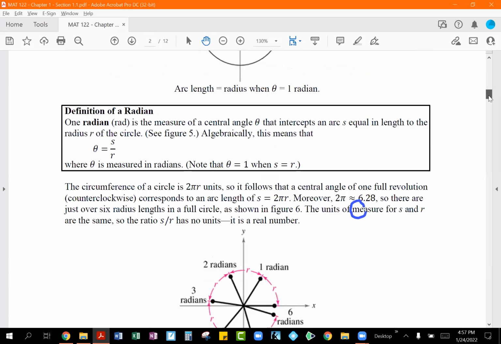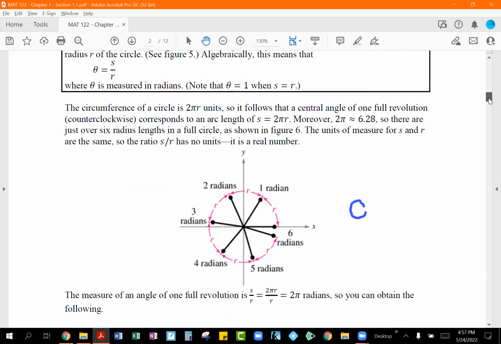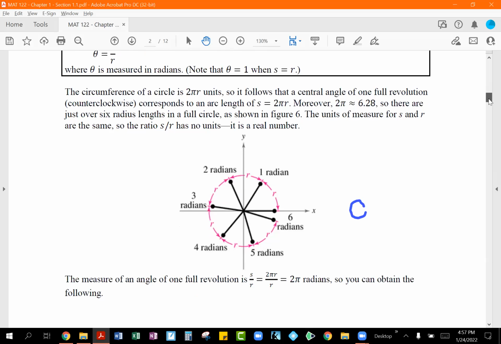So you've got your radian measurements. Now, remember, we had gone over this: an entire circle is going to be just a little over 6 radians, because the entire circle is considered an angle of 2 pi. And pi is 3.14, so 3.14 times 2 will give you 6.28.